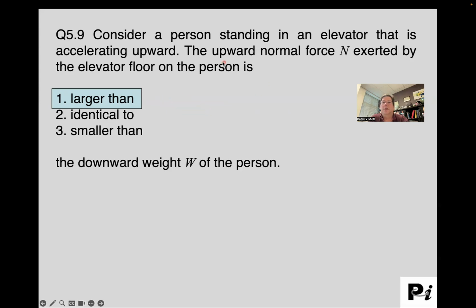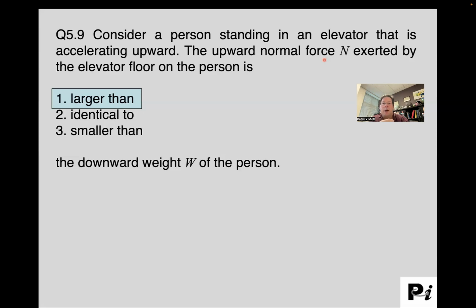Another thing to mention about this upward normal force is that it is the same idea as what a scale is going to read for your weight. If you think about that, the scale doesn't actually know the force of gravity that Earth exerts on you. What it does know is how hard your feet are pushing down on the scale.